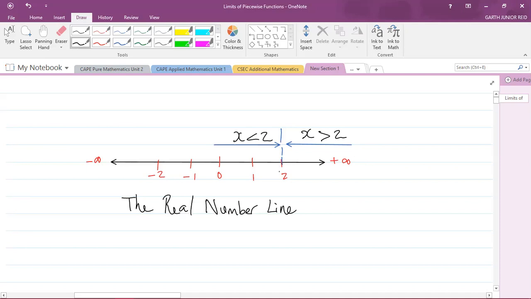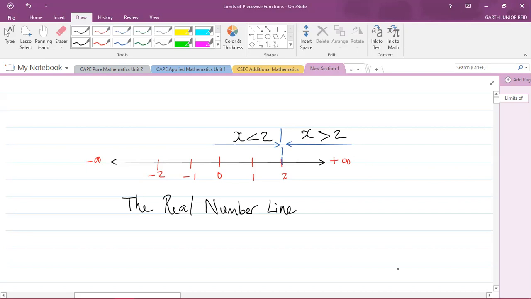Let's say I want to approach 2 from the left, and I choose a value like 1.5, or 1.9 or 1.999. That is to the left of 2. If I'm approaching 2 from the right, I can choose a value such as 2.01, and I can get even closer.